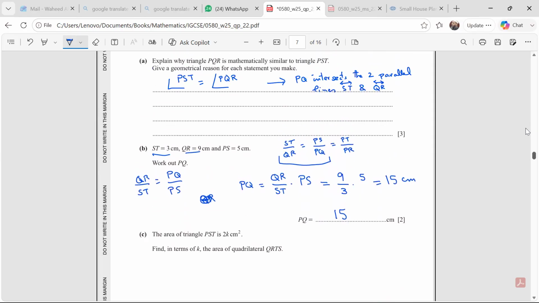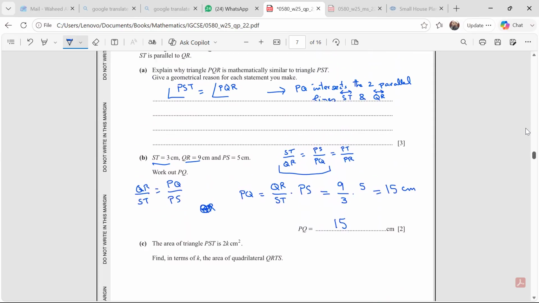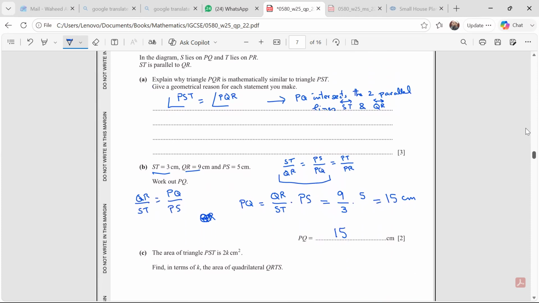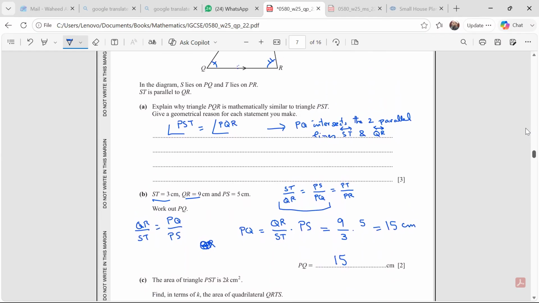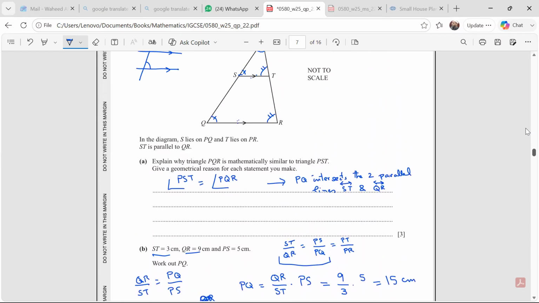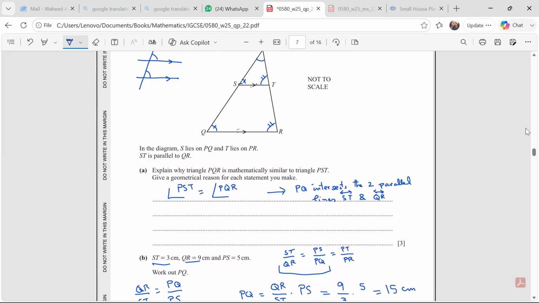Okay, now the next part C. The area of the triangle PST is 2K centimeters square. Find in terms of K the area of the quadrilateral QRST. Okay, this is interesting. You see, if the ratio between the sides is 3, so the side is 3 times more, the area would be 3 squared times more, 9 times more.